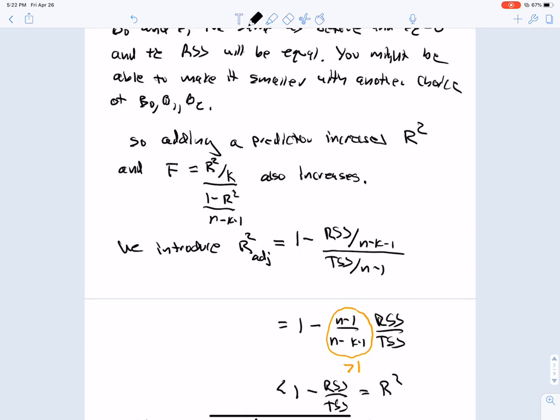So we introduce the R squared adjusted, which is defined as 1 minus RSS over n minus k minus 1, over TSS over n minus 1. And this is a way of penalizing having too many predictors.